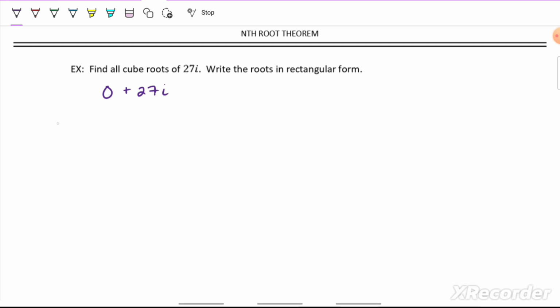So we'll start by finding our r value. It's going to be the square root of 0 squared plus 27 squared. It'll be the square root of 27 squared, which is just 27.